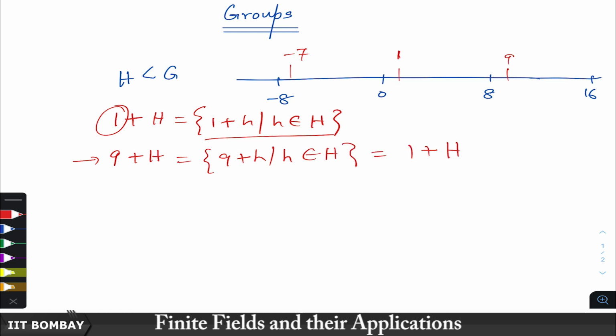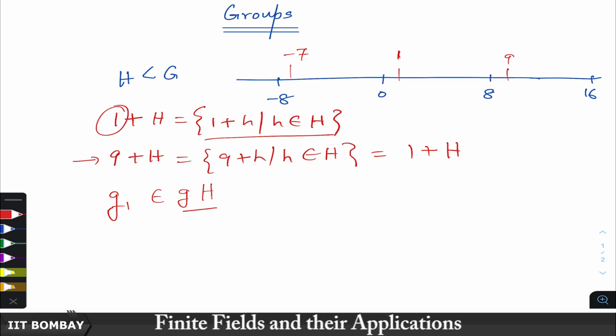So, this also you can see in general. Suppose you have g1 belongs to gH, that is, g1 is in the coset of g.